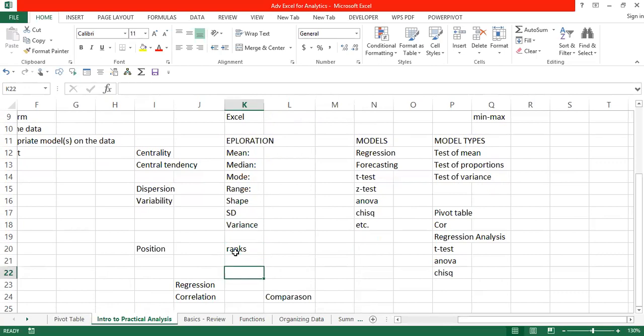That's where you have things like quartile or quantile. Like first quartile, second quartile, third quartile, fourth quartile, or percentile. All those kinds of measures are called measures of position.